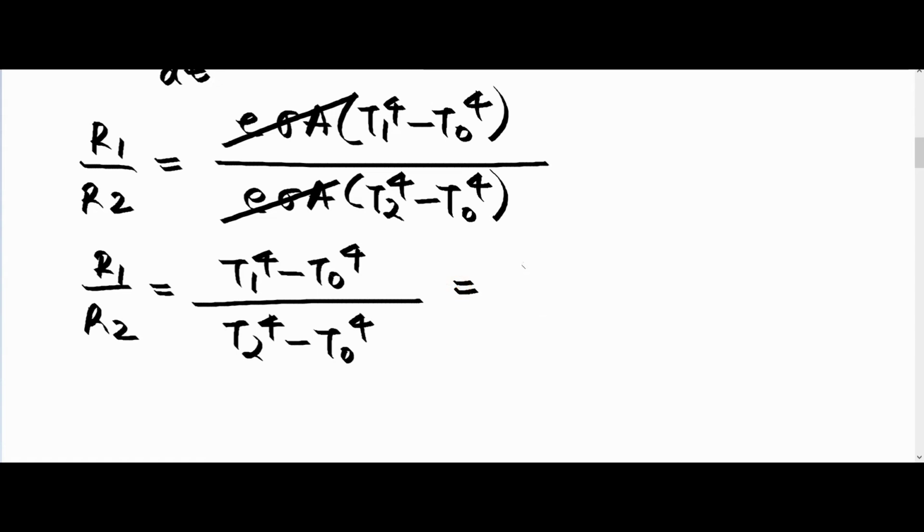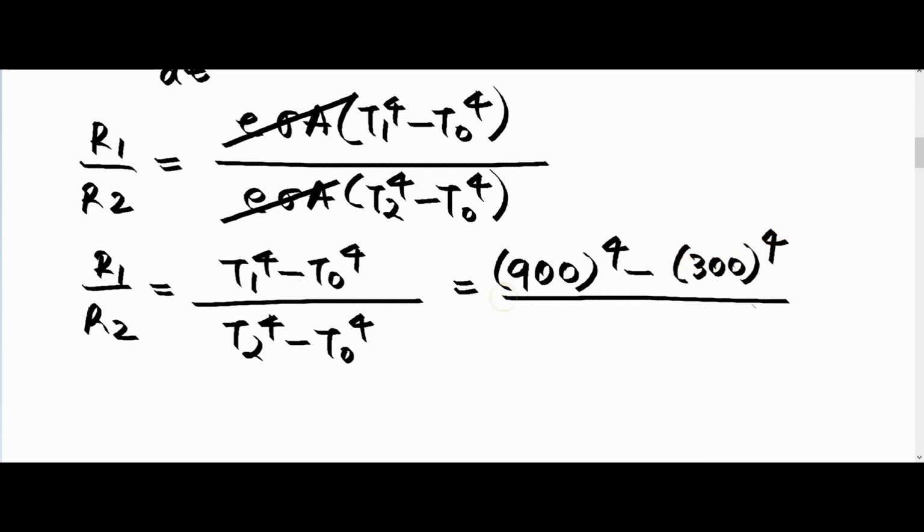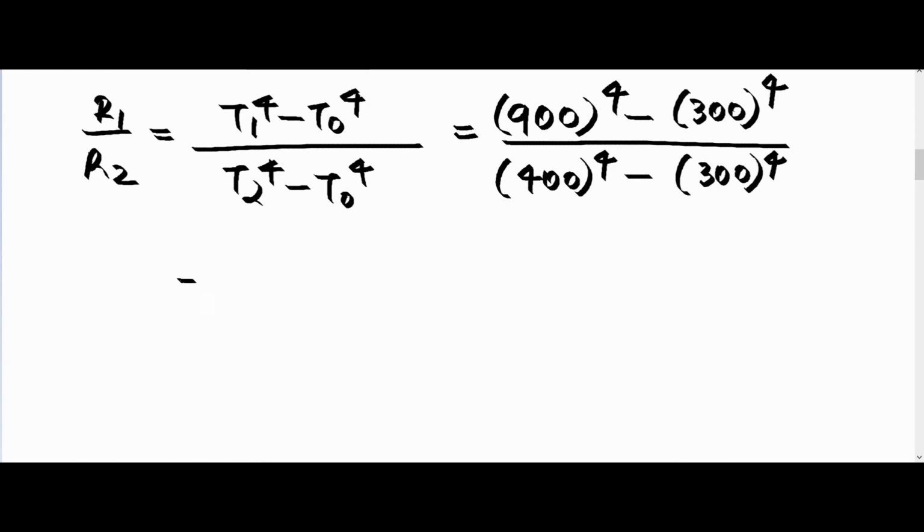So 900 is T1, so 900 raised to 4 minus 300 raised to 4, T0, upon 400 raised to 4 minus 300 raised to 4. So this term can be simply written as 9 raised to 4 minus 3 raised to 4 upon 4 raised to 4 minus 3 raised to 4.